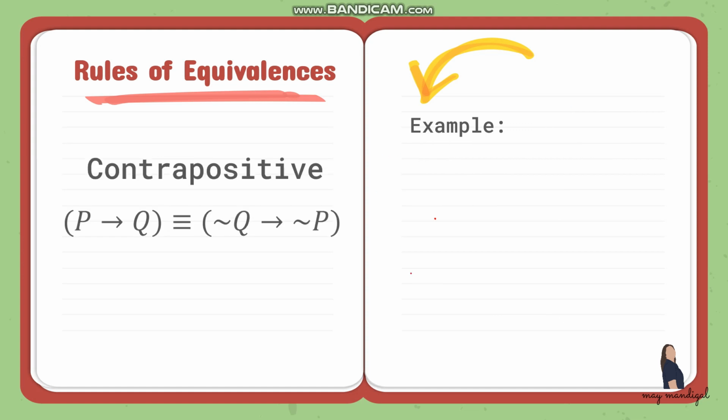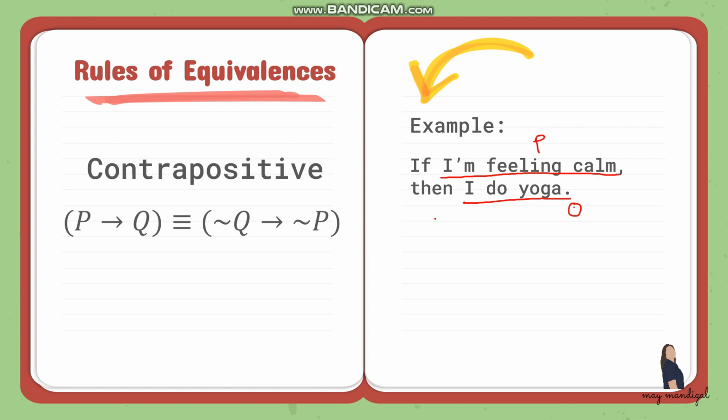Next is the contrapositive. Let's say we have if P then Q, and it is equivalent with not Q then not P. So what we did here is interchange our antecedent and consequent, and we negate them. For example, if I'm feeling calm, then I do yoga. I'm feeling calm is our P, and I do yoga is our Q. To write the contrapositive, we interchange the antecedent with the consequent and negate them both.